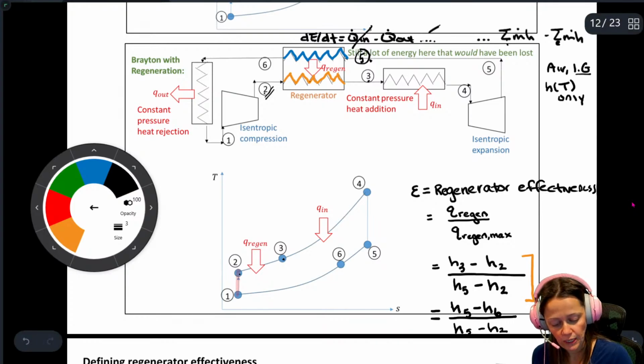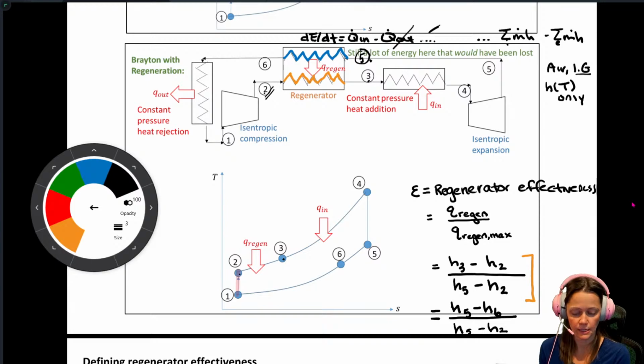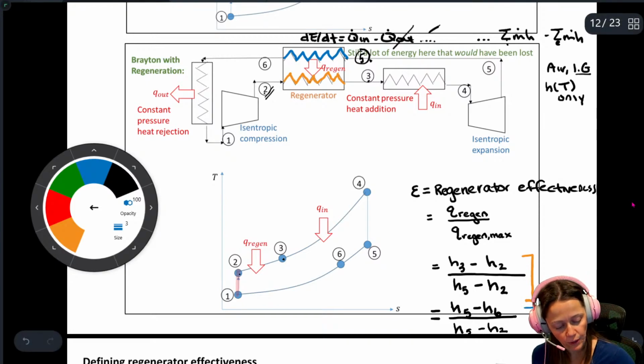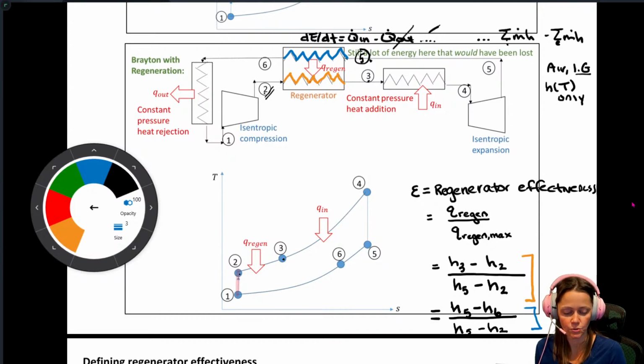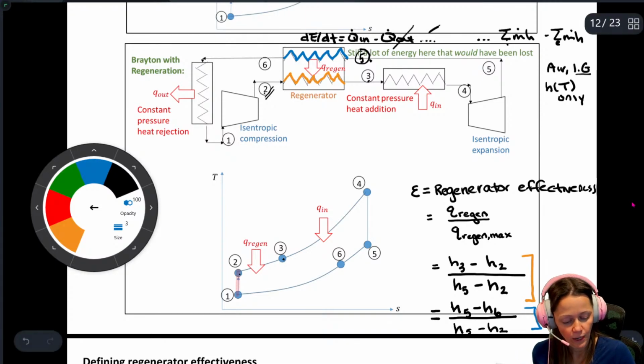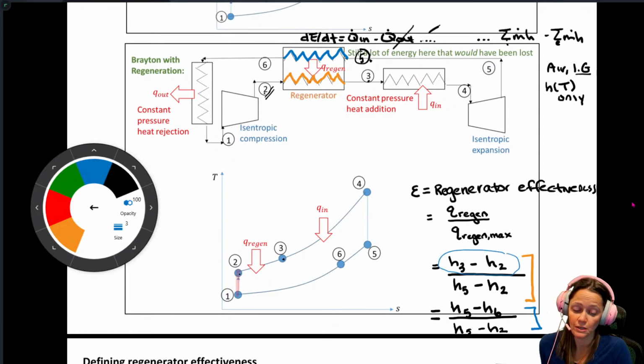When you're looking at the yellow line, it's a Q in. So you might have in minus out versus out minus in. Another way to figure out whether it's H3 minus H2 or H2 minus H3 is subscript analysis. That Q has to be a positive number. I know H3 is bigger than H2 because between 2 and 3 I'm adding energy, so the temperature is going up, and so my H3 has to be bigger than H2.